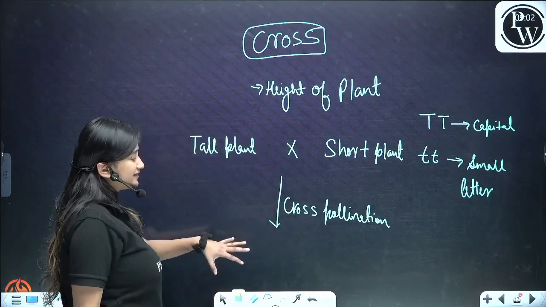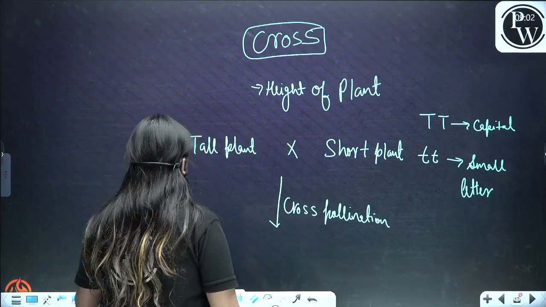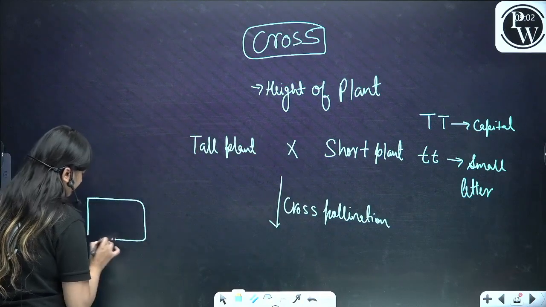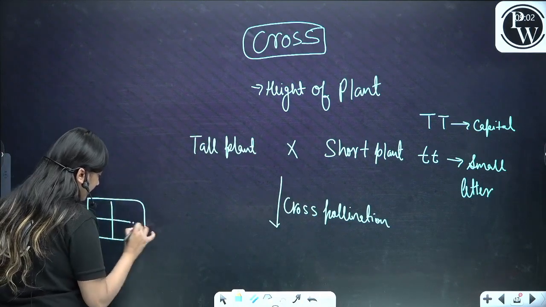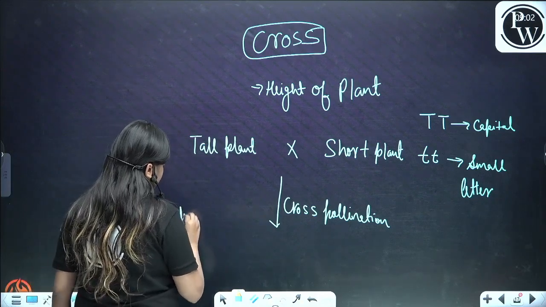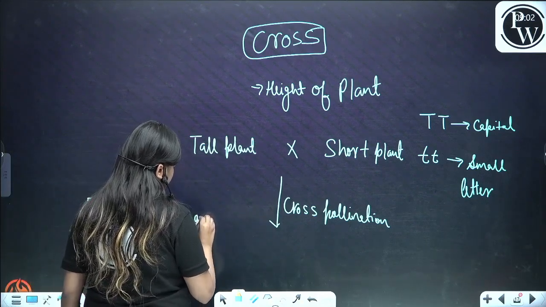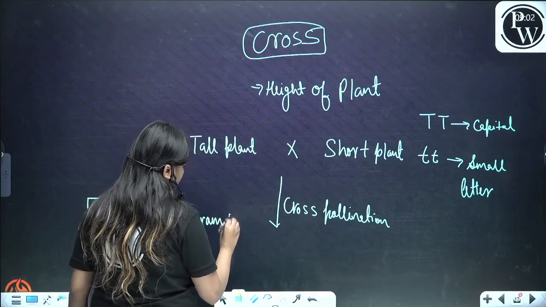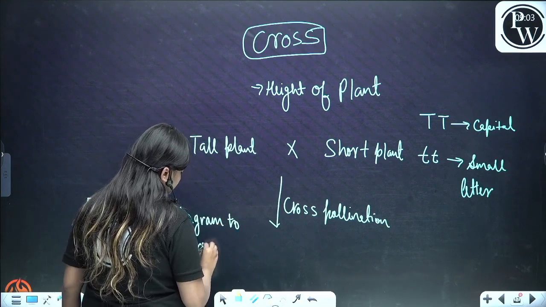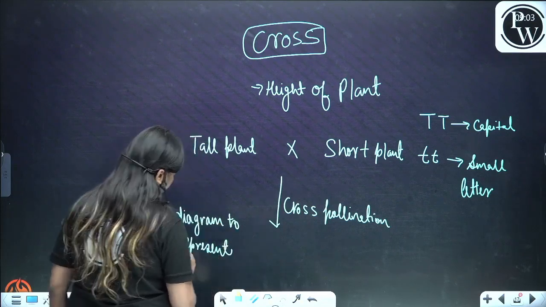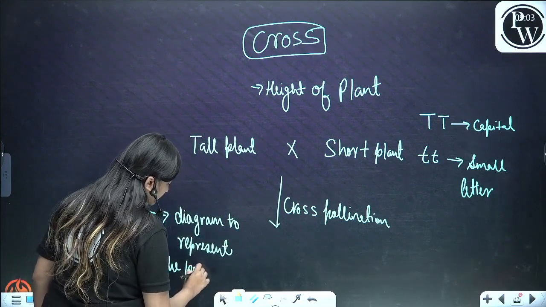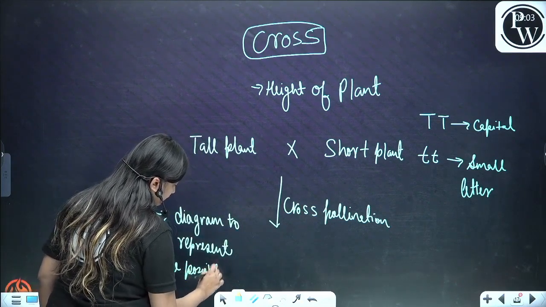Now, to make the things more clear, he has make a Punnett square. Now, what is this Punnett square? Punnett square is a diagram to represent the possible outcomes.